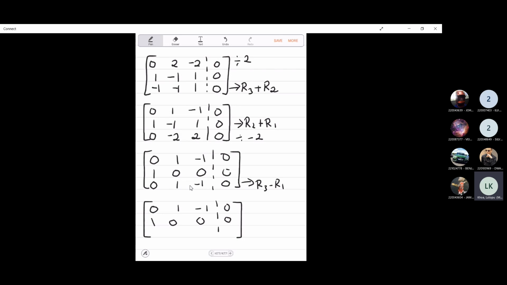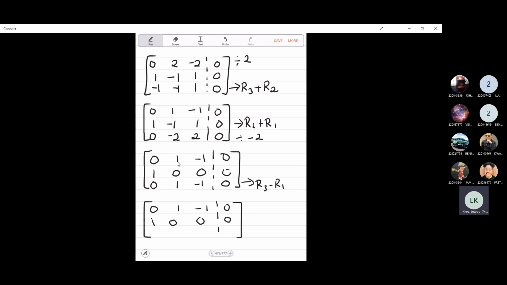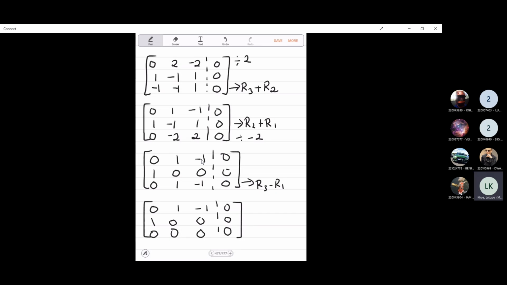Okay, then we said row 3 minus that, so 0 minus 0 is 0. And then here we have 1 minus 1 is 0, minus 1 minus negative 1, and then 0 minus 0. Okay, so that is what we have.